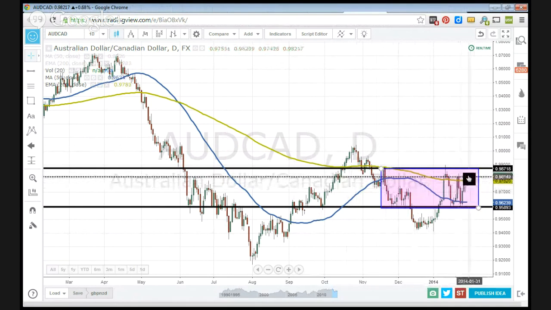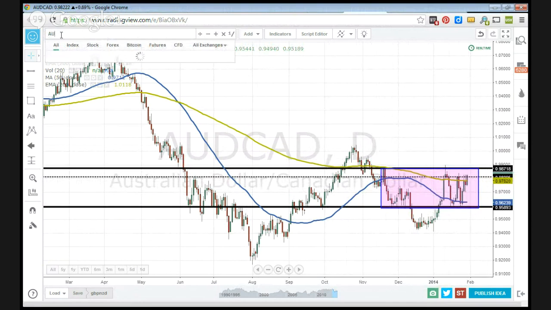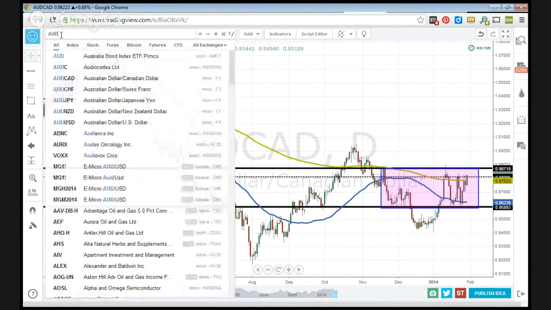Now, if we get a strong reversal candlestick pattern at this level, then I may be interested in trading it. However, just based on this, I don't really think so. Now let's see if price can rally to the top of this range, and it could be an interesting short. So nothing yet on Aussie Canada.